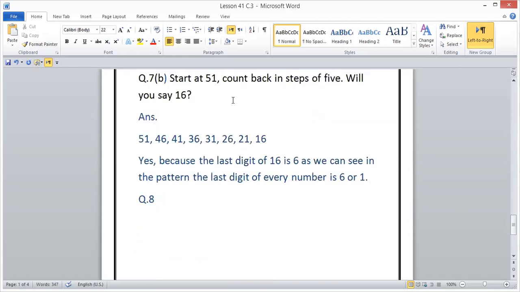So start writing question number 8. Question number 8 is: start at 197, count back in steps of 10.